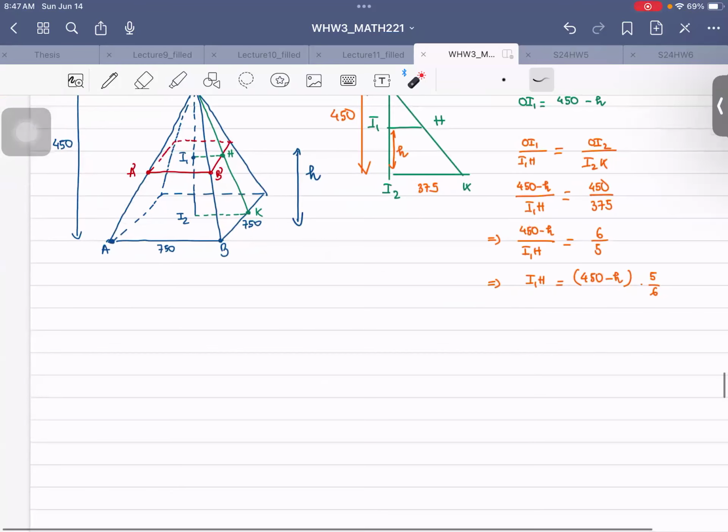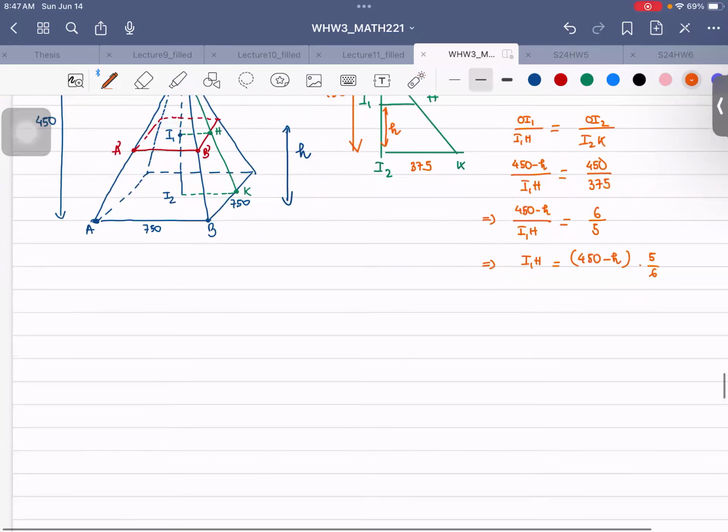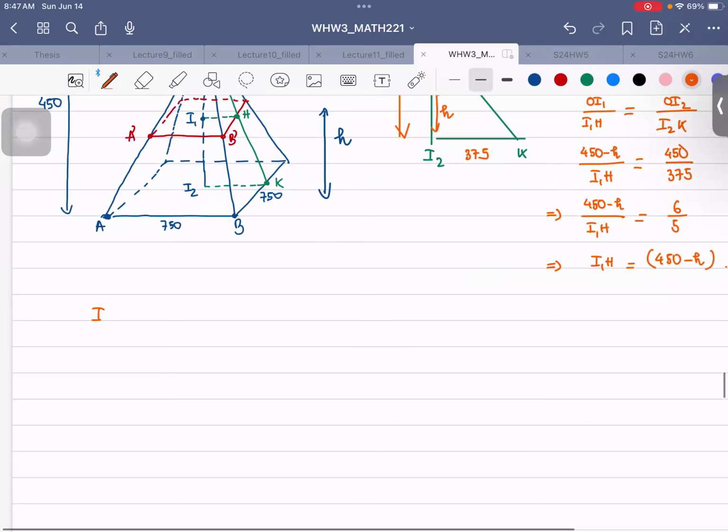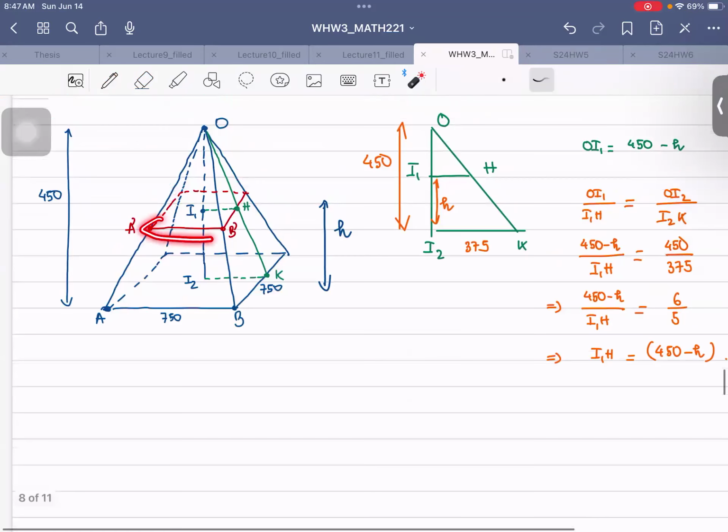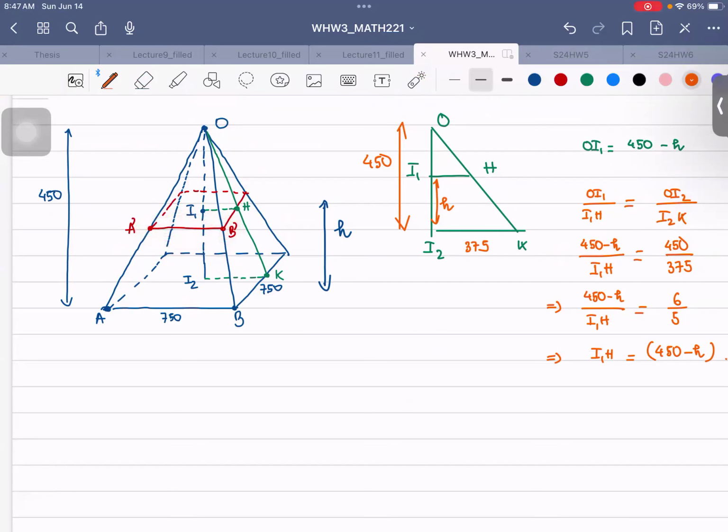Okay, and then the side of the red square will be double I1H. So A'B' will be 2 times I1H.